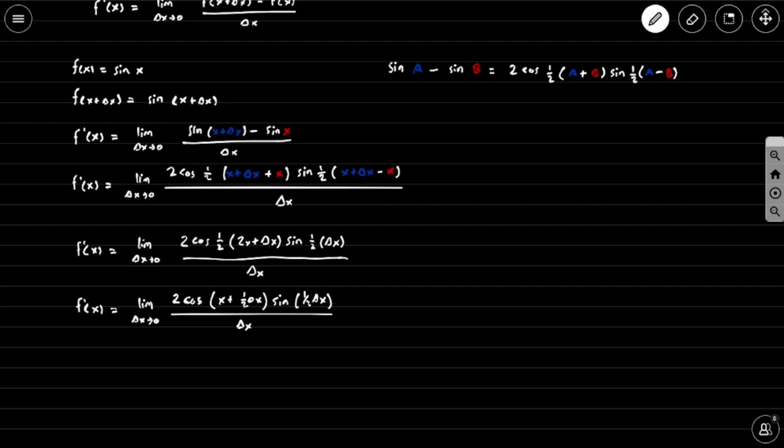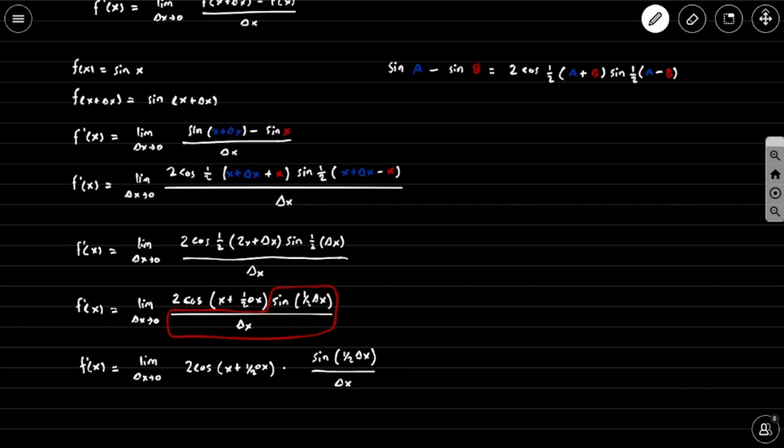Then we are going to separate this form, so we have two functions that are multiplied. Now we have f prime x equal to the limit as delta x approaches 0, and our first function is 2 times cosine of x plus half of delta x, multiplied by our second function, that is sin of half of delta x over delta x.